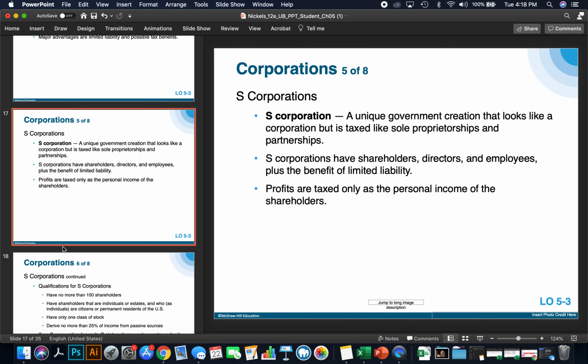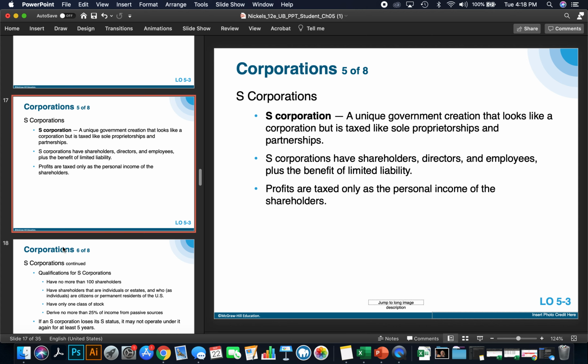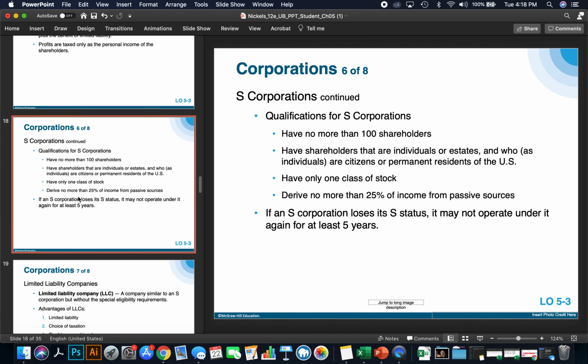An S corporation is a unique government creation that looks like a corporation, but it's taxed like a sole proprietorship and partnership. S corporations have shareholders, directors, and employees, plus the benefit of limited liability. Profits are taxed only as the personal income of those shareholders.